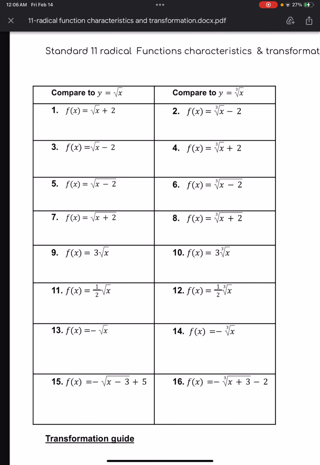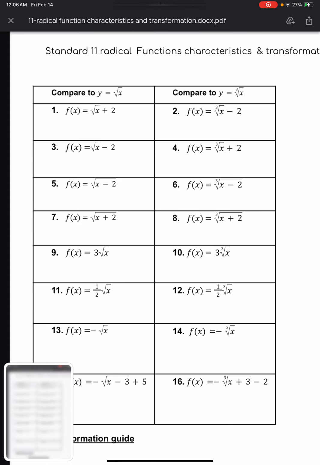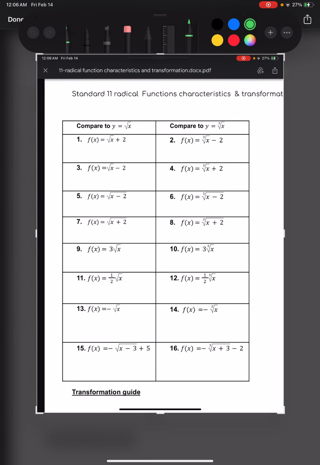What I want you to do is write down two things here. First, on the left side, I want you to write down its endpoint. For the left column, you're going to write endpoint, and then describe its transformation.